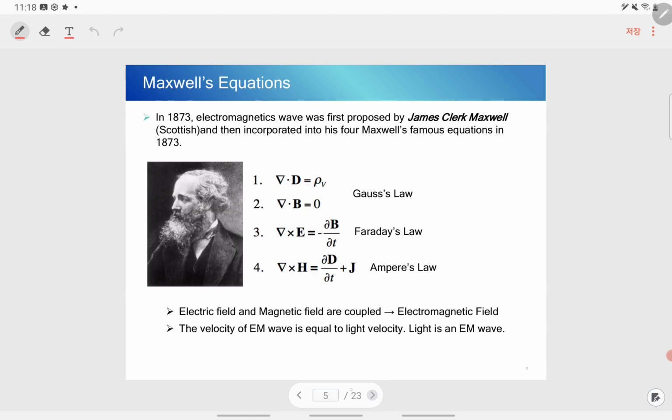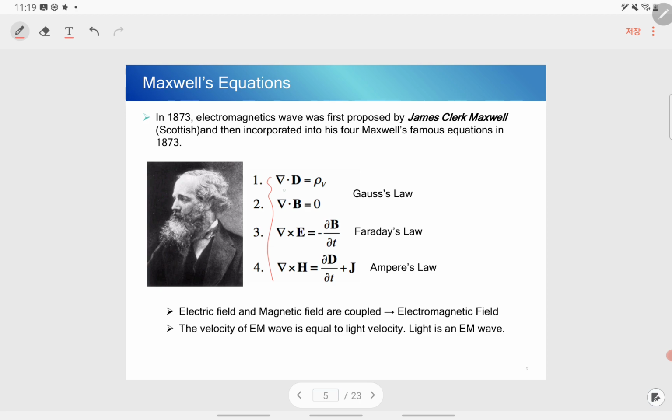Let's move on to the history of microwave engineering. The basic equations we use in microwave engineering are Maxwell's equations, which you learned in the EM 2 and EM field courses. These four equations explain all the electric field and magnetic field phenomena in nature.